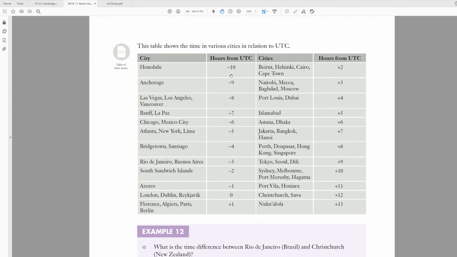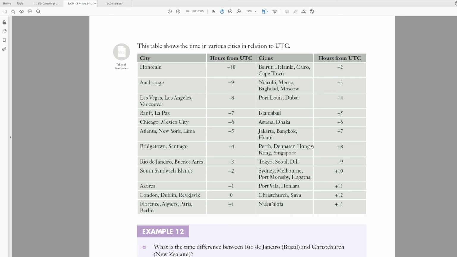So say, for example, you wanted to go from Chicago, which is at -6, to Honolulu, which is at -10, then the jump is 4. So you're going to go back 4 hours. Then, of course, if you wanted to go from Rio de Janeiro at -3 to, say, Perth, which is +8, then -3 to 0 is 3, then 0 to 8 is 8, obviously.